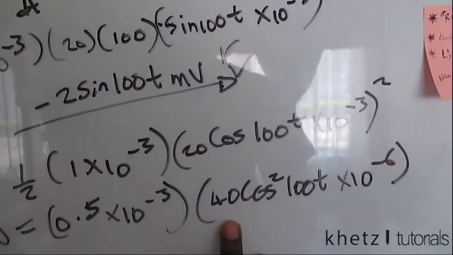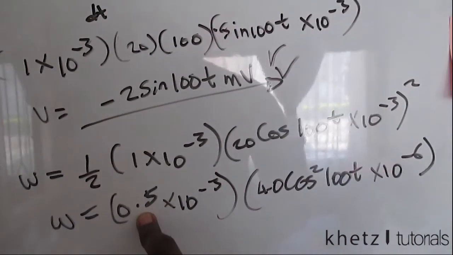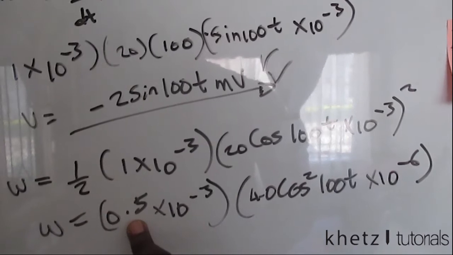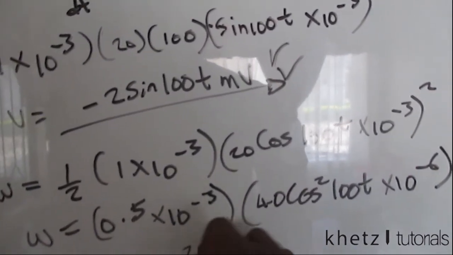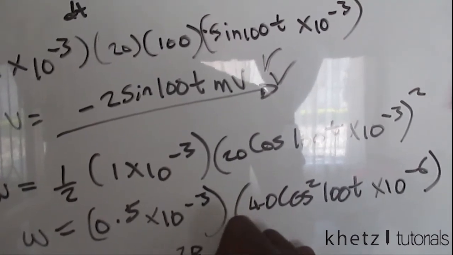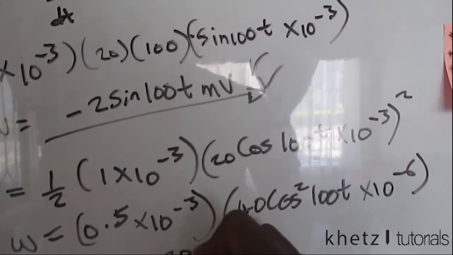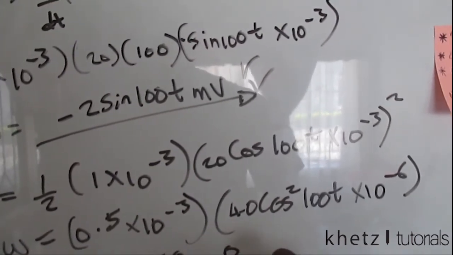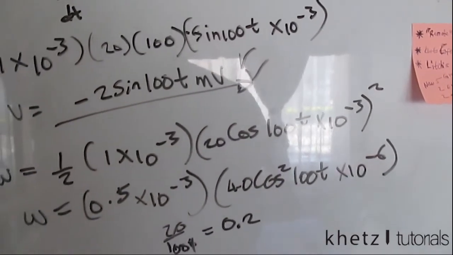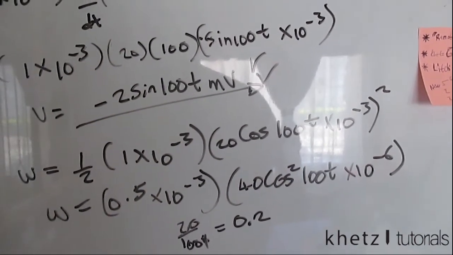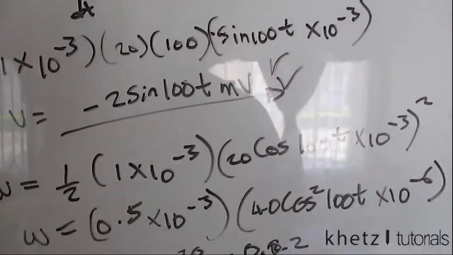If we multiply 40 by 0.5, we obviously get 20, and this 20 divided by 1000 gives 0.02.